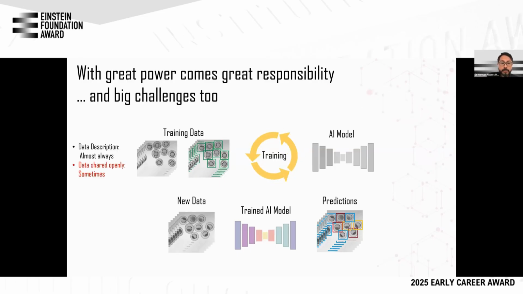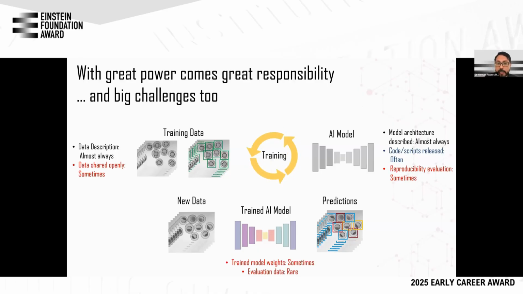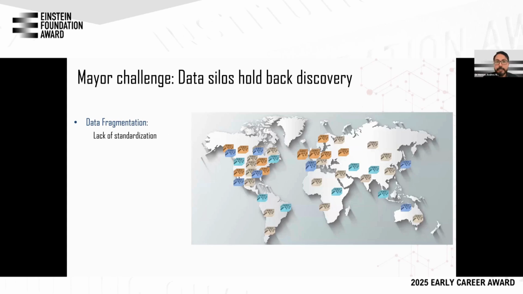So data description is almost always there, but data for the training is almost never shared. Models, description of the models and code are often there, also published, but the reproducibility is not there either. And when we talk about trained models, so the final output, the model that you could use, sometimes is shared, sometimes it is not even shared, but the evaluation data is very rare. So I think you can see that there is a big challenge here.